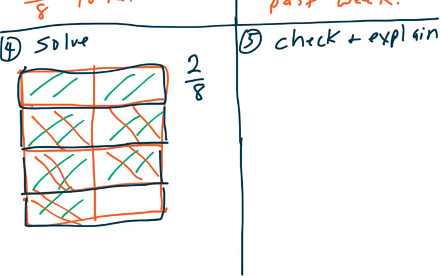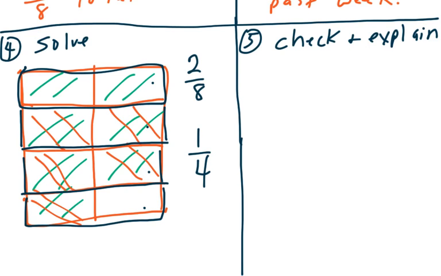So right now I'm looking at 1, 2, 3, 4 parts, and inside each one of those parts you have 2 pieces. So I can say that he completed 2/8, or I can say that he completed 1/4.